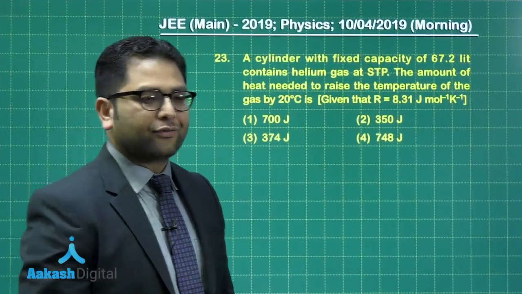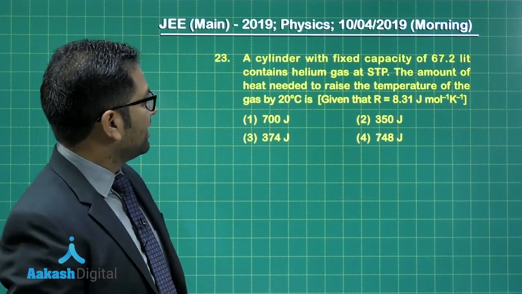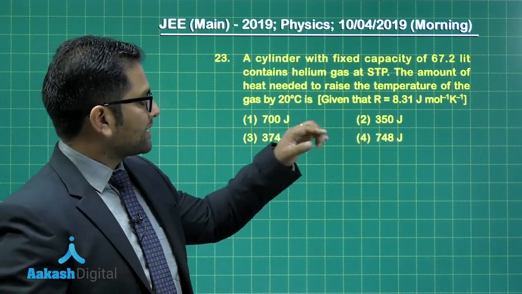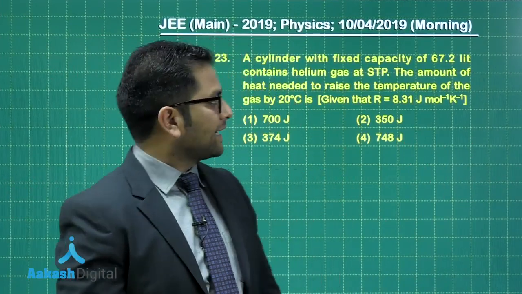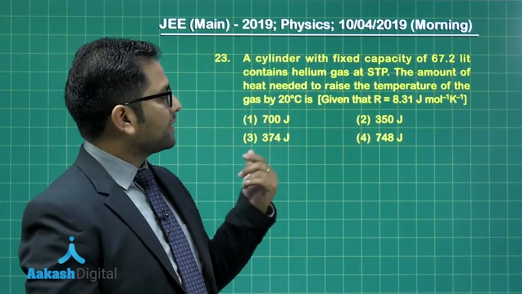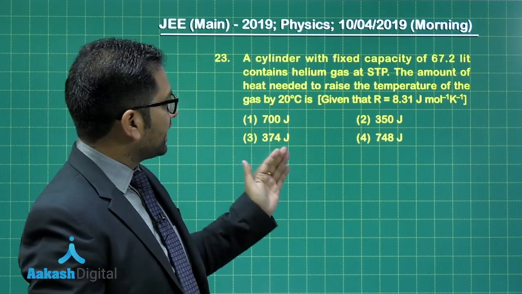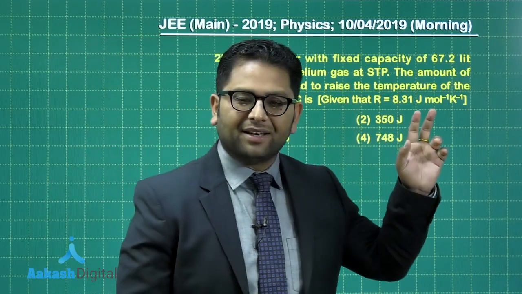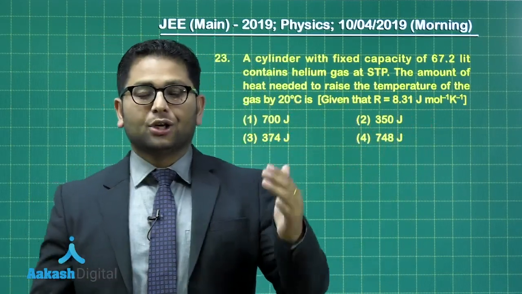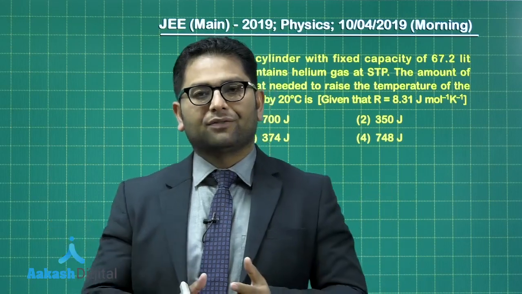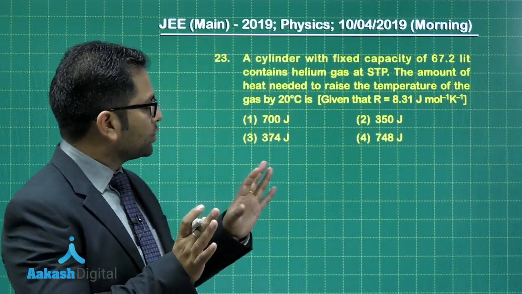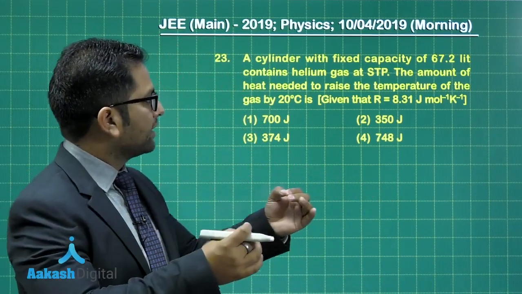The next one from thermodynamics. A cylinder with fixed capacity. Mind that word fixed. That means the volume is constant. Of 67.2 liters contains helium gas at STP. Now you see, having done so many different numerical variety in chemistry, this one gives you a straightforward hint.